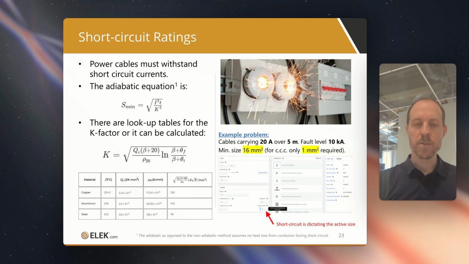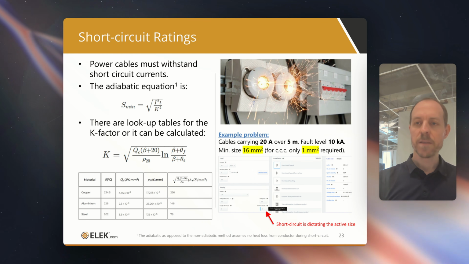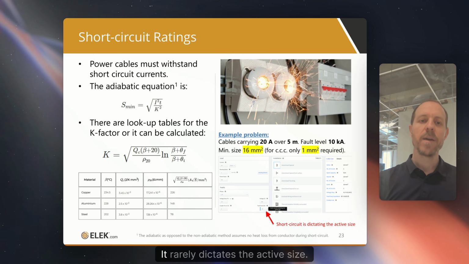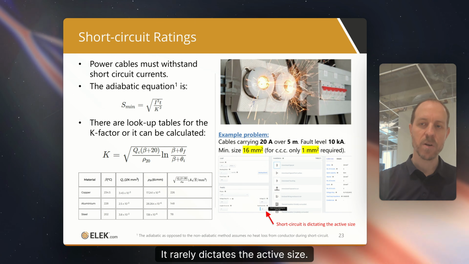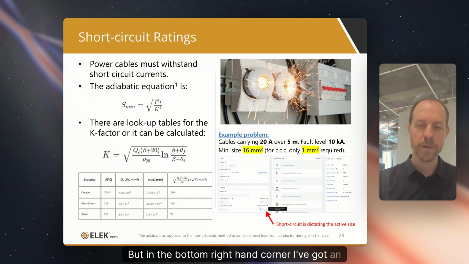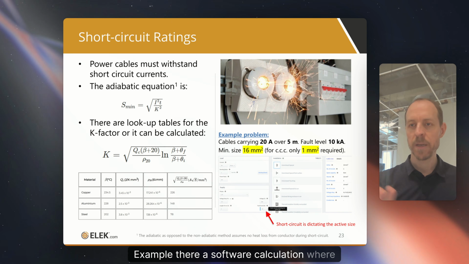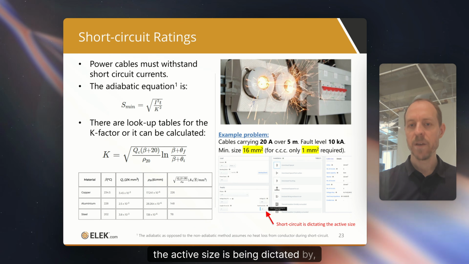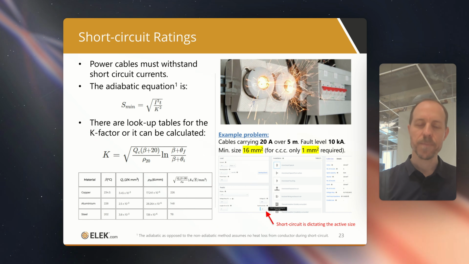Short circuit ratings. Remember, I said that that's one of the three main criteria. It always needs to be checked. It rarely dictates the active size, but in the bottom right-hand corner, I've got an example there, a software calculation where the active size is being dictated by the short circuit rating.